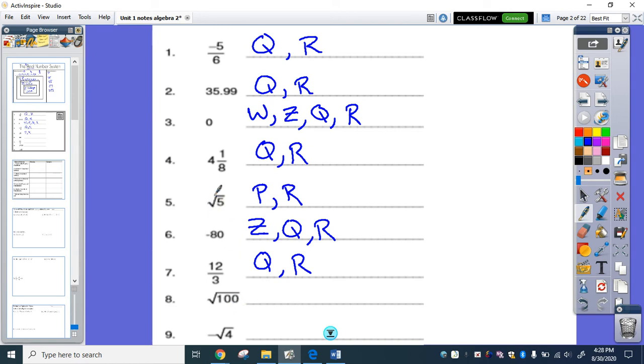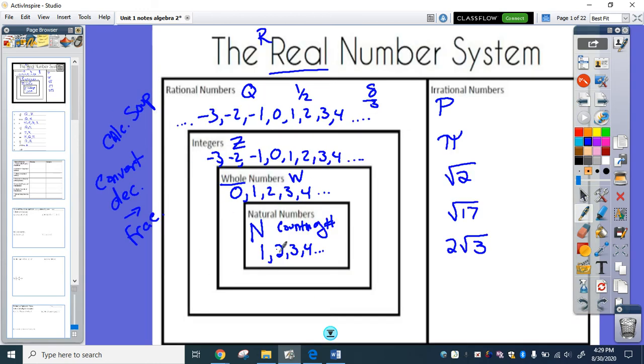Now, people will tend to think that this number, the square root of 100, would go with something like the square root of 5. Well, the only difference between this problem and this one is the square root of 100 is actually the number 10. Well, that means that I now have a counting number here. This is actually in the very furthest inside.